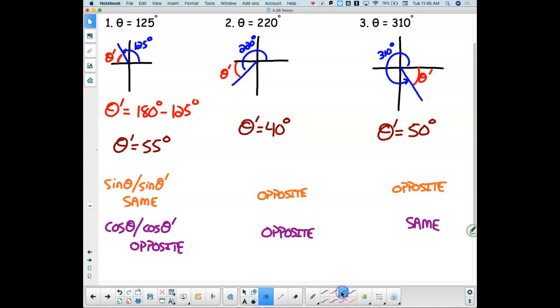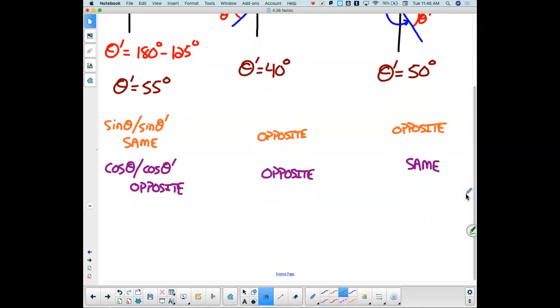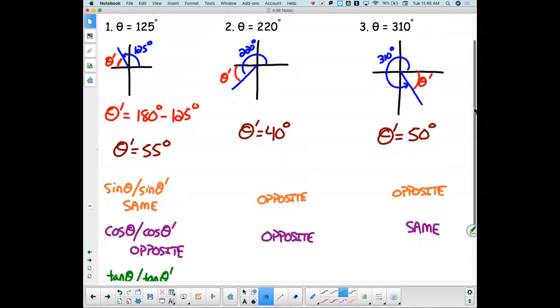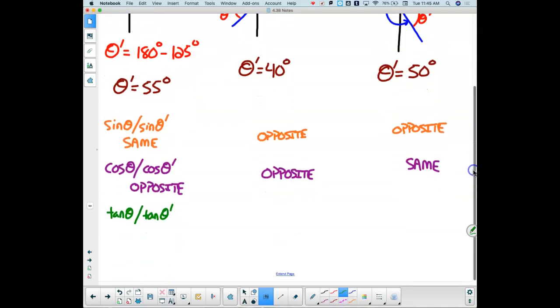Okay, lastly, tangent. Now do tangent of them. What's this angle? 310.